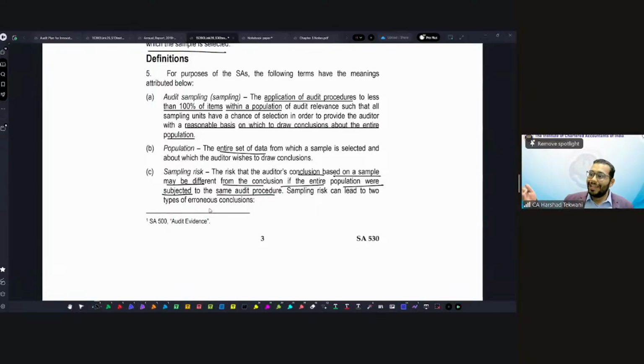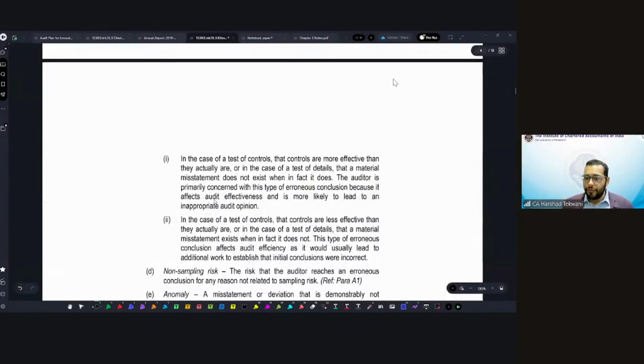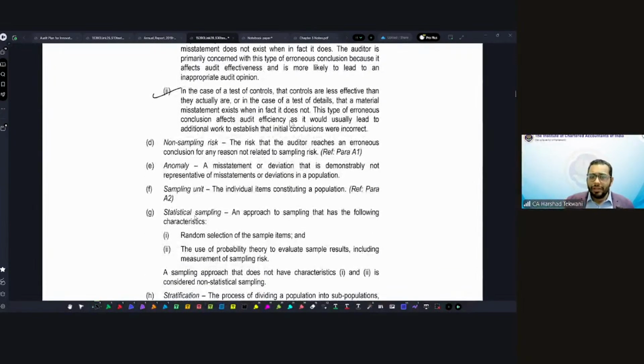So if you would have tested the entire population, your conclusion would have been different compared to when you are testing only a sample. Again, false positive and false negative are the scenarios given over here. Then non-sampling risk. It's a risk that you reach a conclusion which is not correct, but not because of the sampling, because of something else.